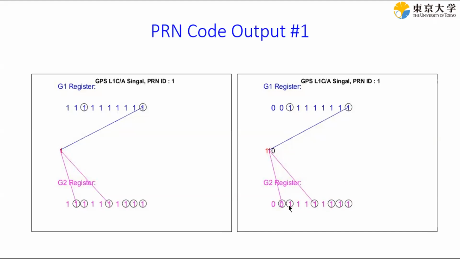And finally, we take these two taps. 0, 1 is 1, and 1, 0, 1 is the output of this, and this is 1, and this is 1. So 1 and 1 is 0. So we put the third bit output as 0. If we continue this, we have a sequence of the code, the PRN code. So it's 1, 1, 0, something like this.